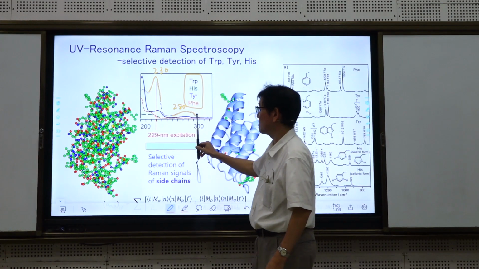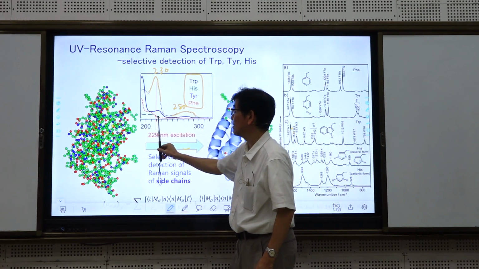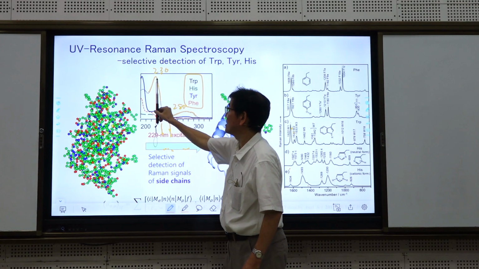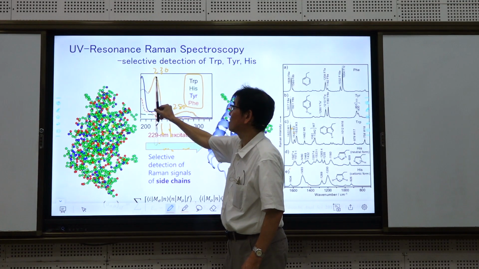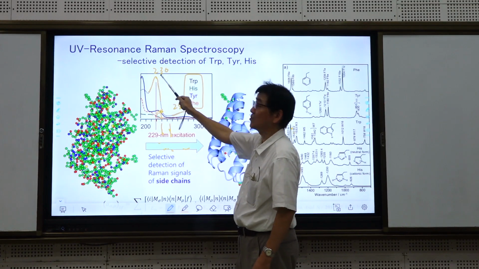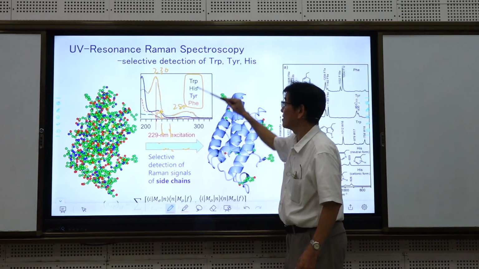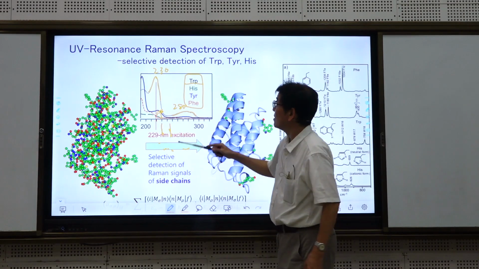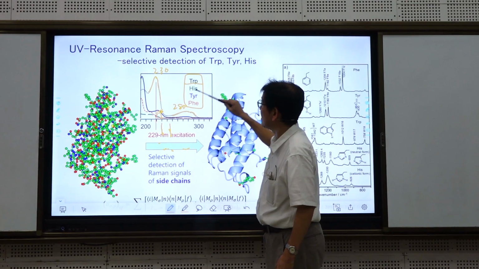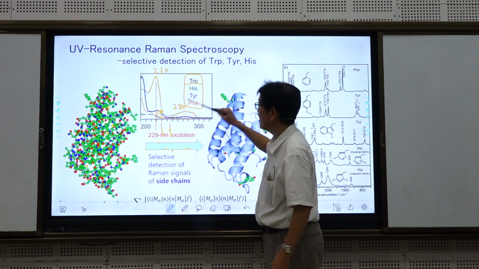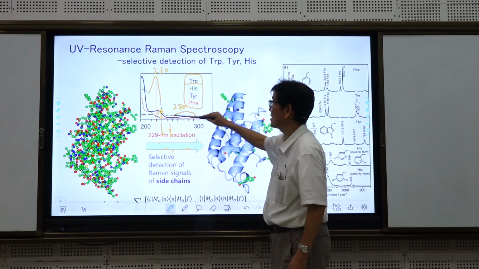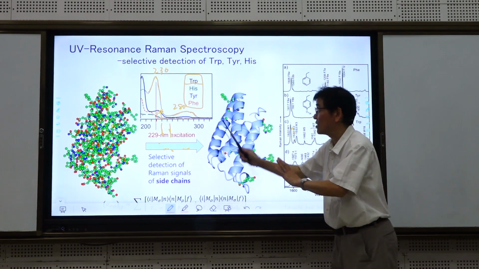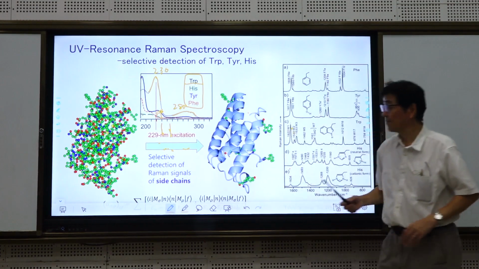By tuning the excitation wavelength to 229 nanometer, we can selectively excite the Raman process of this chromophore, that is tryptophan. Histidine is green, tyrosine blue, phenylalanine orange. We can selectively get the information of these aromatic side chains.